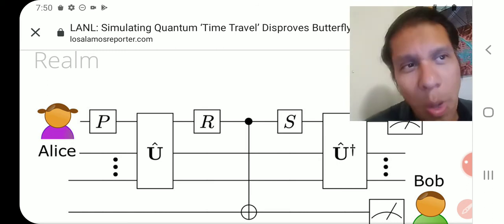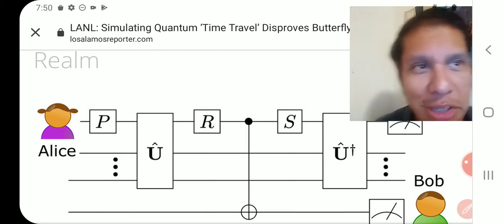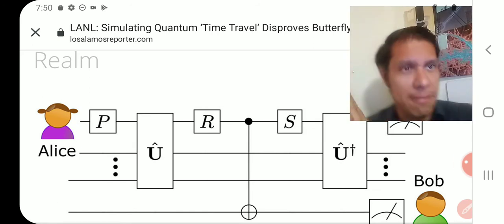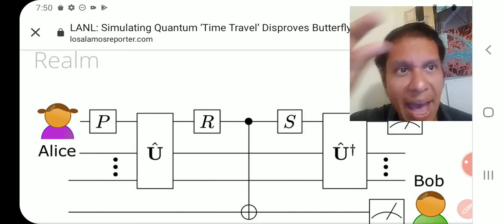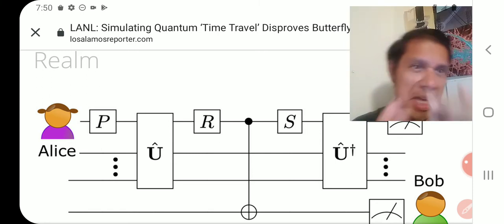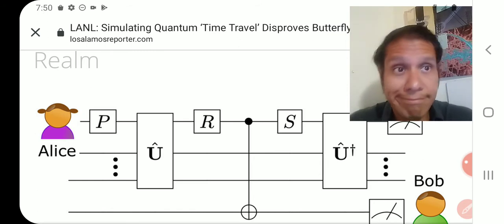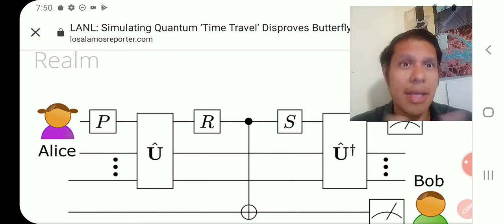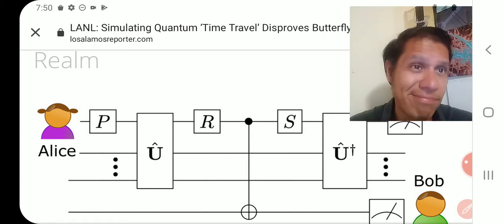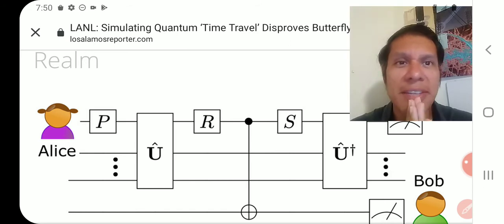Now, when Bob measures that information, if he is measuring in a basis that is different from what was coming out, it's going to be destroyed. So you will get something random. And so in that way, Bob really doesn't know what the information was necessarily.